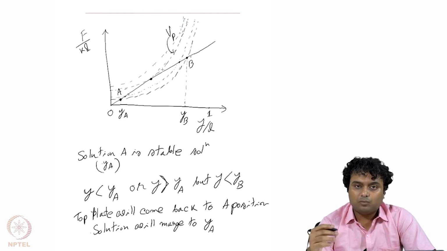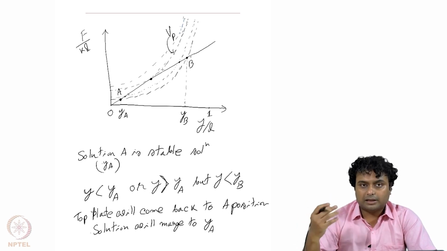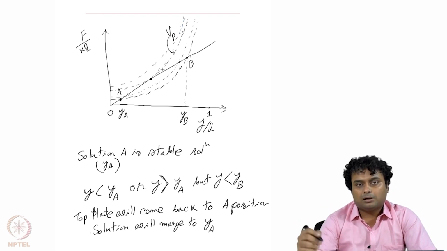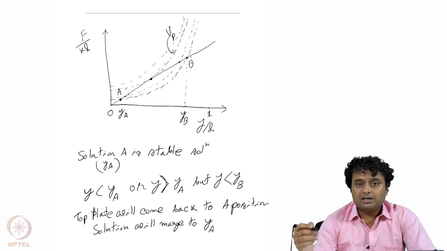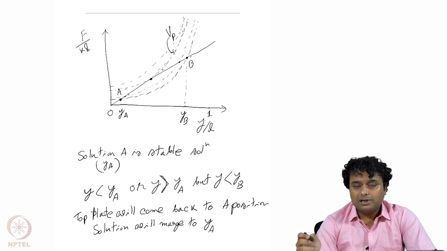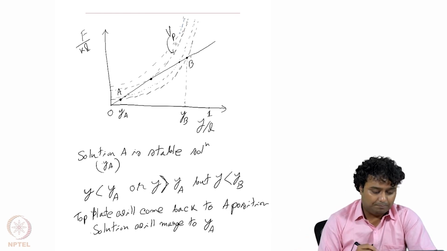So once the top plate gets pulled in, it gets attracted towards the plate B, and it starts moving. There is no point where the mechanical force can be higher than the electrostatic force. So in that case it will always snap in. So the electrostatic force minus the mechanical force should be less than 0. The mechanical force should be higher, then only it can pull the beam up.